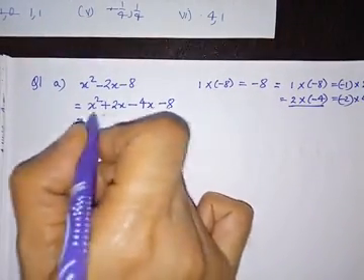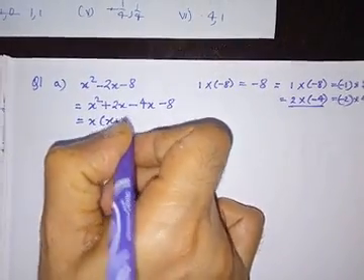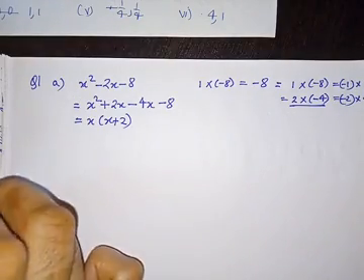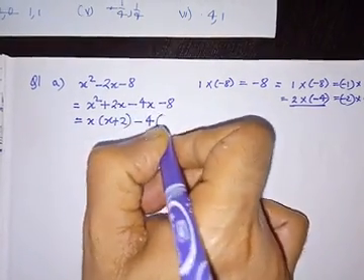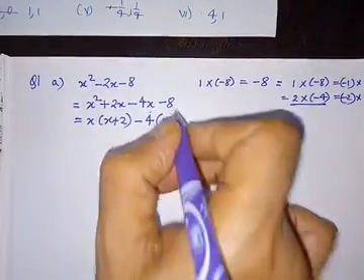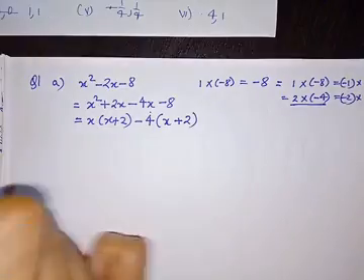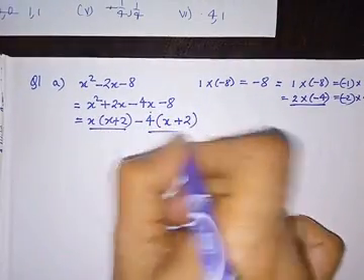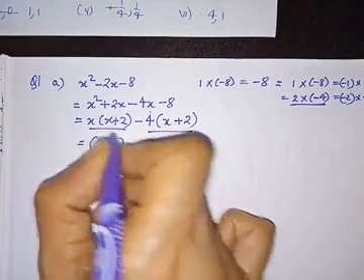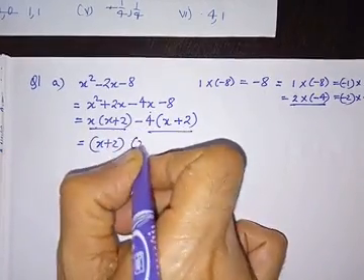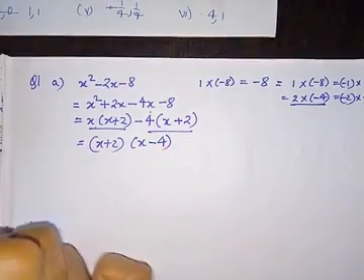What is common between the first two terms? x. So x plus 2 is left. Now between these two what is common? Minus 4. So minus is outside, and here also minus is outside, we are left with plus 2. Now between these two terms x plus 2 is common. So from the first term we have x, and from the second term we have minus 4.